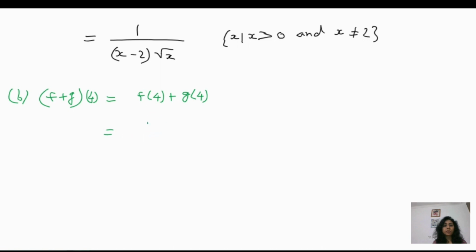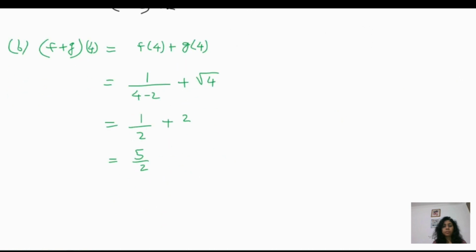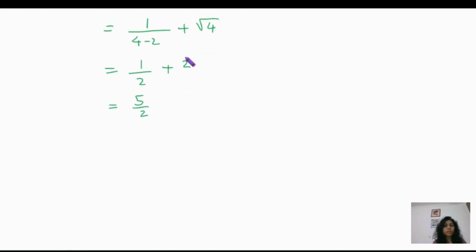The f function was 1 upon x minus 2, so 1 upon 4 minus 2, plus the g function is square root x, so square root 4. 1 upon 2 plus 2, since square root 4 is 2, is 5 upon 2. Because here multiply by 2, so 4 upon 2, 4 plus 1, 5.